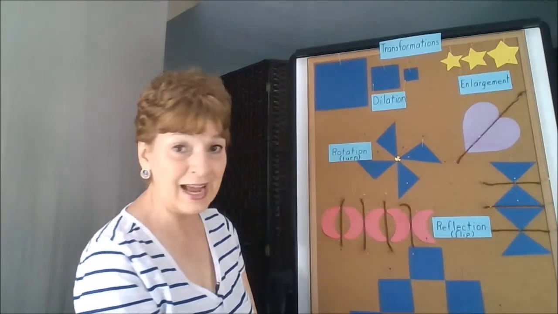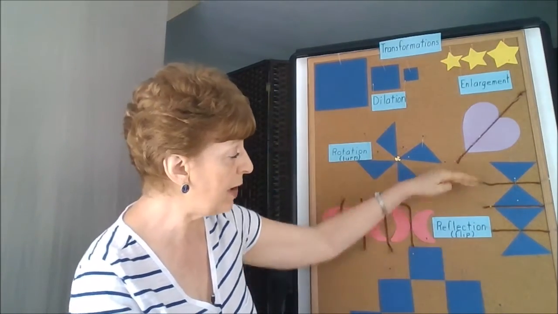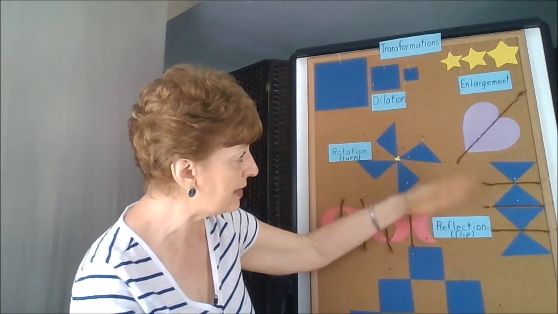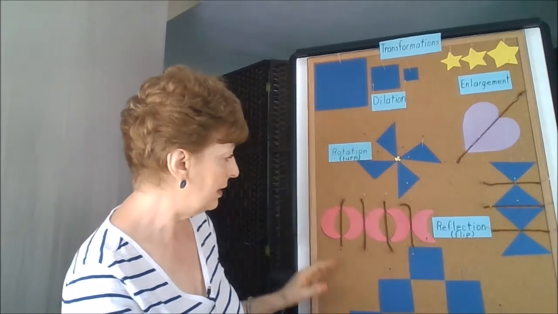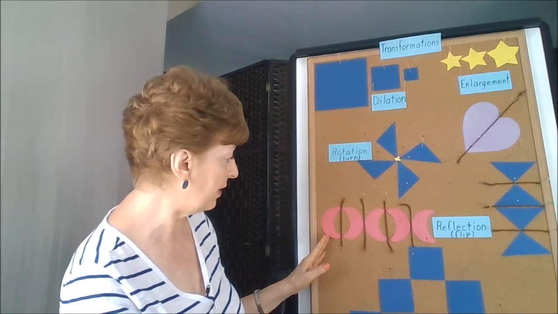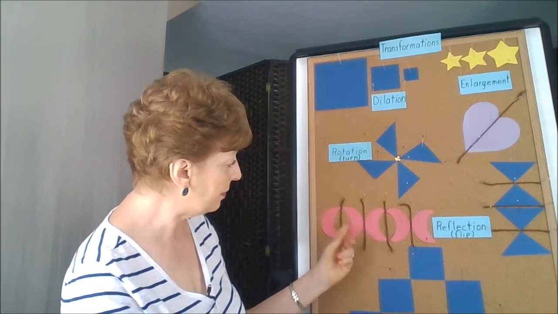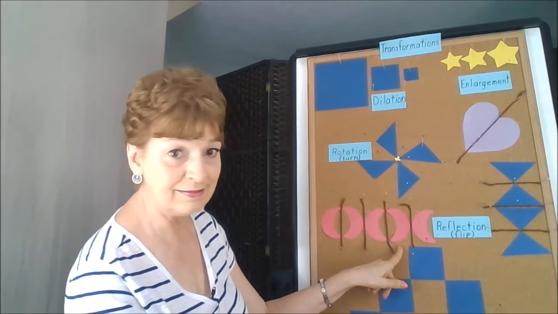Those are line reflections, as if you had a mirror in these different spots or a mirror right here. Here's another example of a line reflection where this crescent flipped and then flipped again and again.